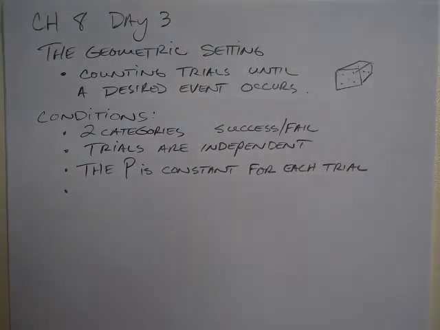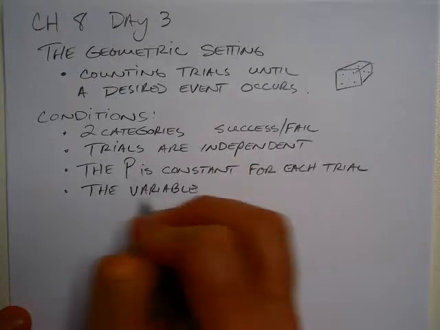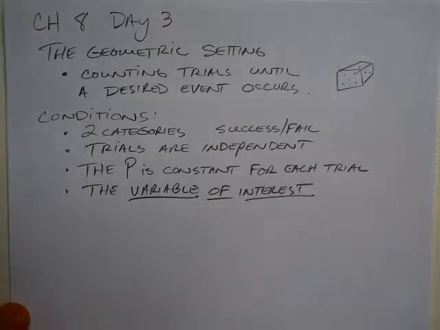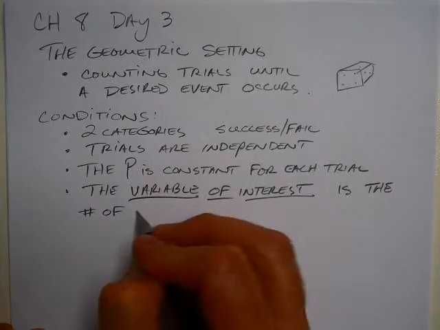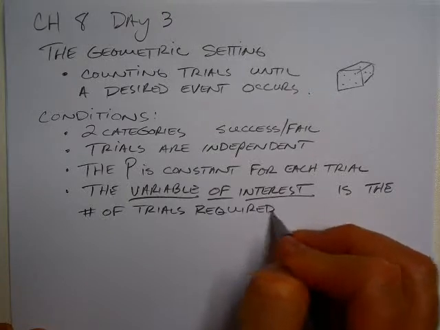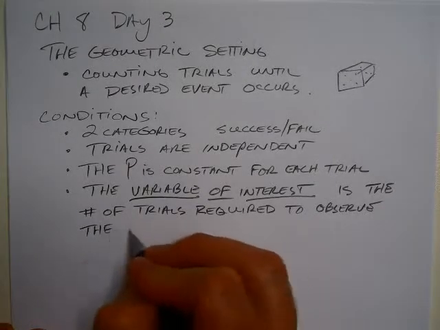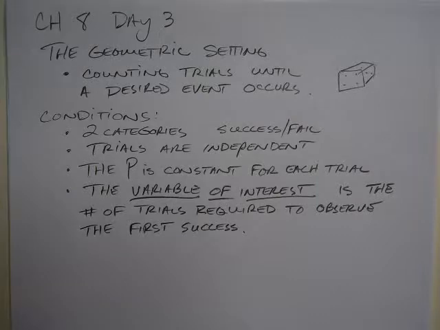It's not a fixed number, but it says the variable of interest is the number of trials required to observe the first success.